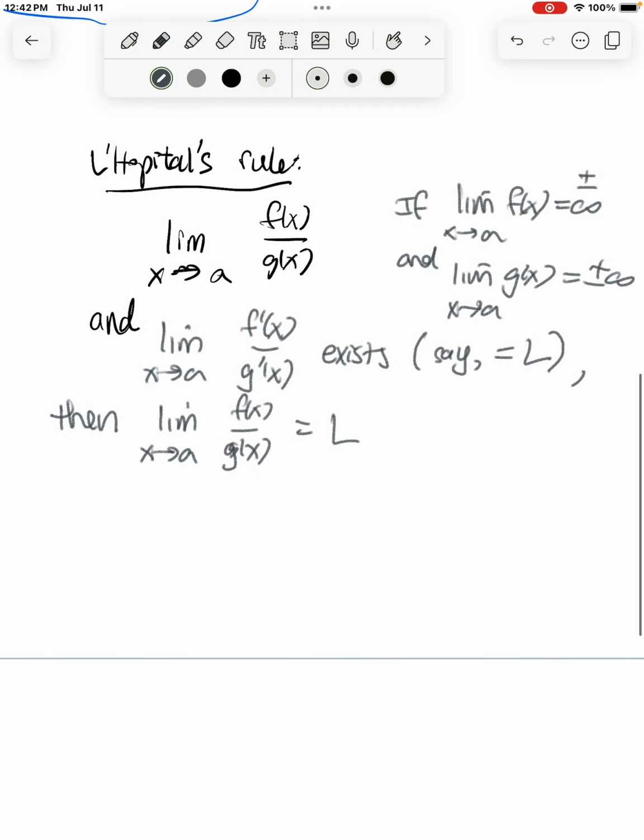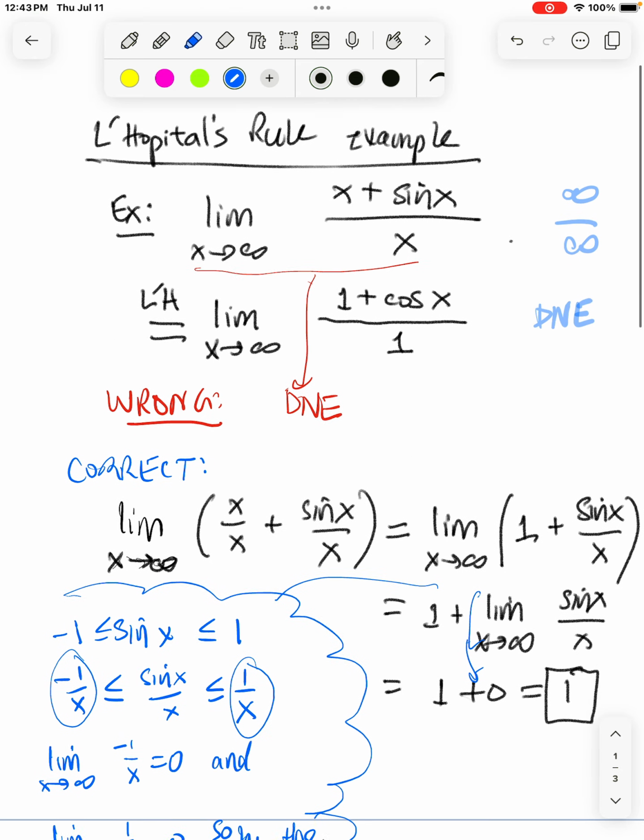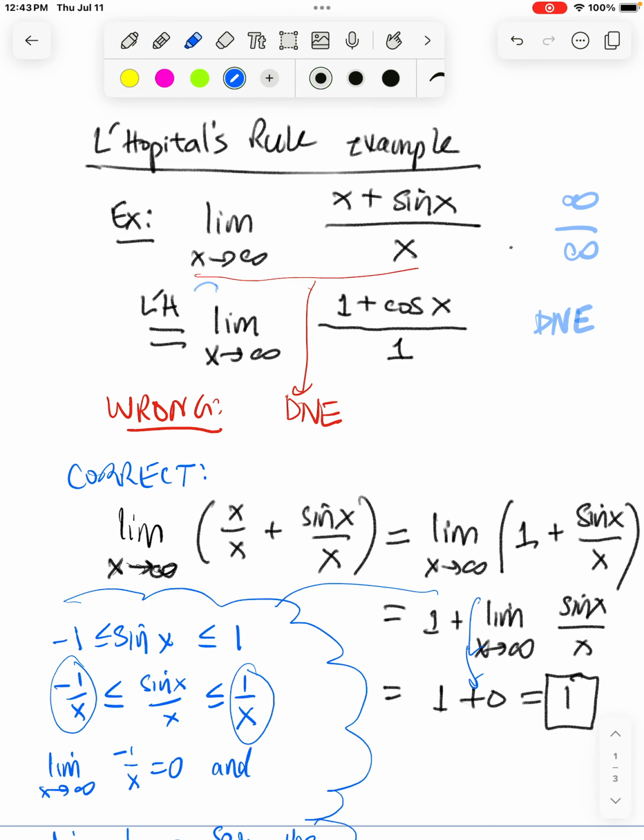And when you read L'Hopital's rule carefully, it says if the limit of the top and bottom is plus or minus infinity, which is what happened, and this limit exists, then they're equal. So if we had found that this limit was like 7, then the original limit would have been 7.